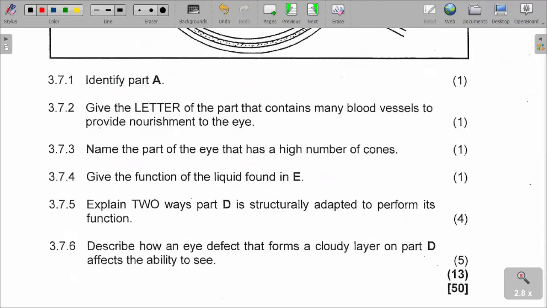The autonomic nervous system is primarily divided into two main parts: the sympathetic nervous system, which is responsible for fight and flight responses, basically increasing activity during stress, and the parasympathetic nervous system, which is responsible for rest and digest processes, promoting relaxation and digestion.